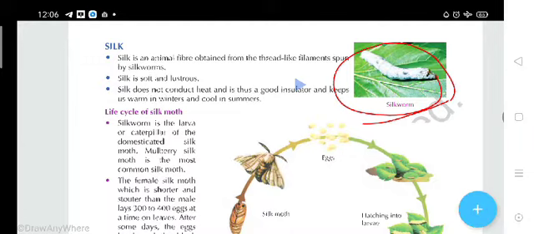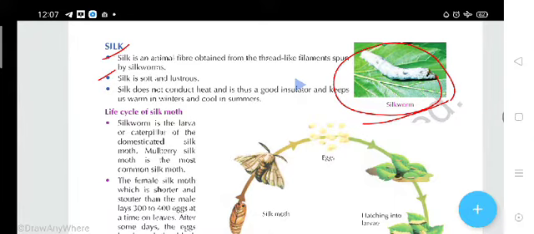So silk is an animal fiber. Wool and silk, these are, students, animal fibers. Cotton and jute are plant fibers. So from where do we get that silk? Silkworm. And second, silk is soft and lustrous.